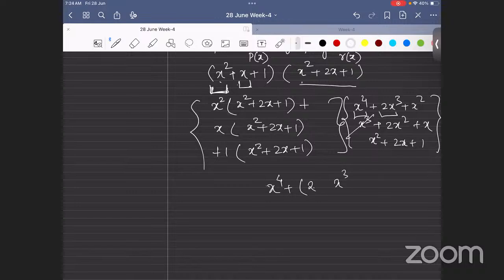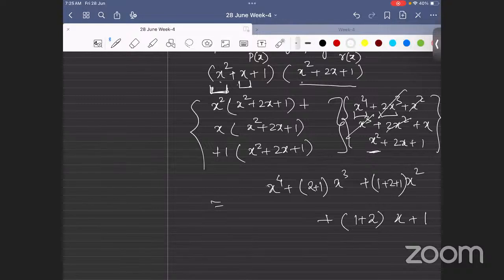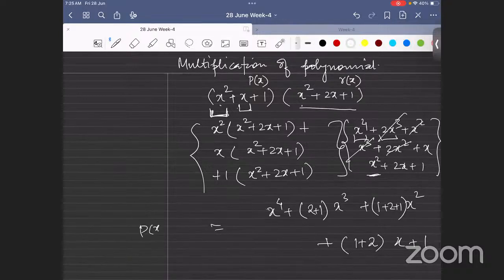Basically this is 2 plus 1, and then you don't have anything else. And for x square also, this is 1 plus 2 and then again 1, correct? And similarly for x as a variable with degree 1, you'll just add 1 plus 2, and then the constant is 1. So this will be the multiplication of px and rx.